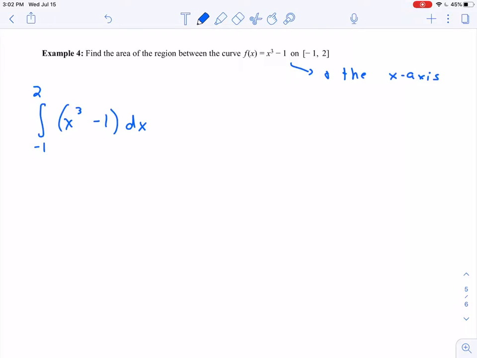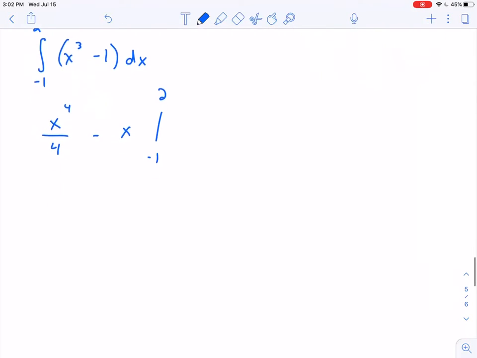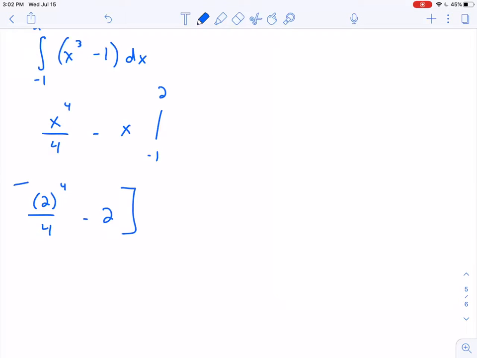So, okay, we find our antiderivative. This would be x to the 4th divided by 4 minus x evaluated at 2 and negative 1. So let's see, I have 2 to the 4th divided by 4 minus 2. So this is my f of b minus f of a, negative 1 to the 4th over 4 minus negative 1. So we just have some numbers to crunch here. 2 to the 4th, let's see.